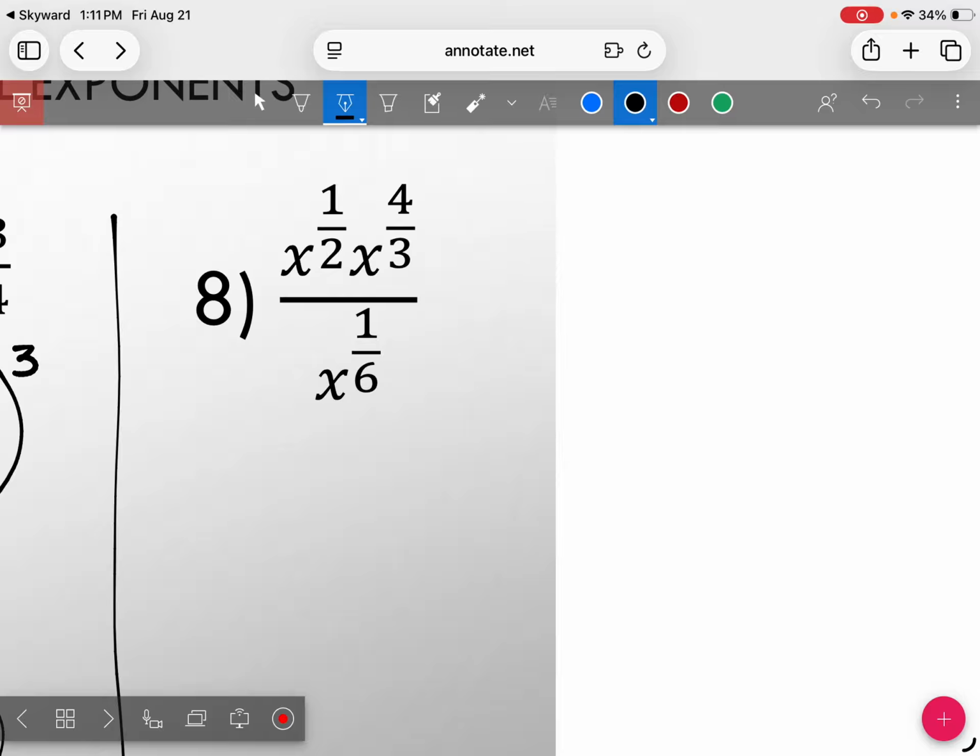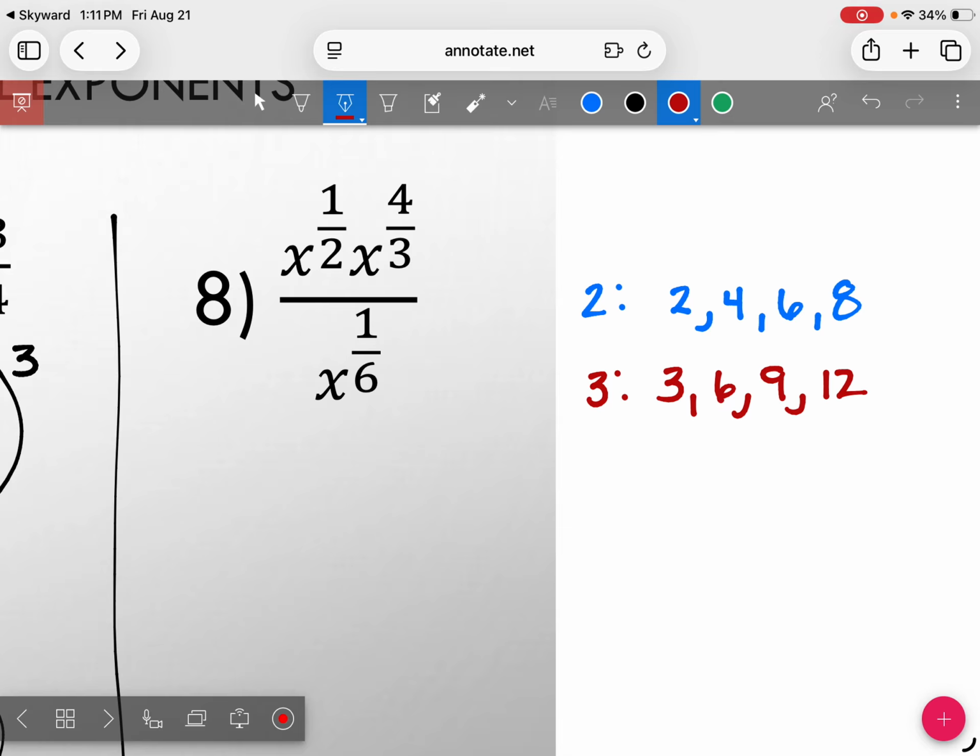So I have my 3 denominators, right? I have a 2. Let's go ahead and count by 2s. 2, 4, 6, 8. That's enough. We'll stop right there. Now let's look at our 3. Let's count by 3s. 3, 6, 9, 12. Let's stop right there. And now let's look at our 6s.